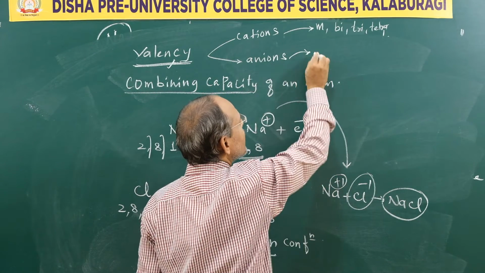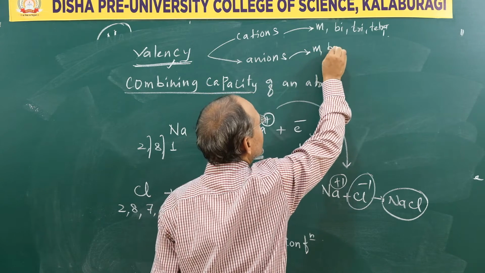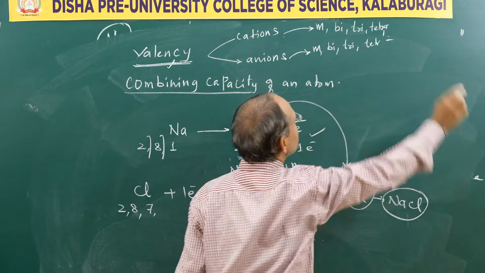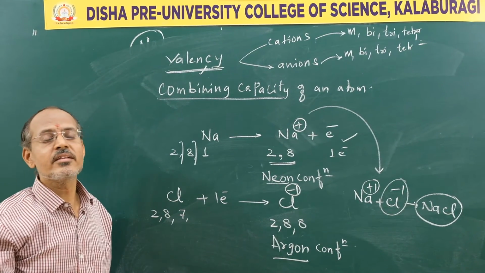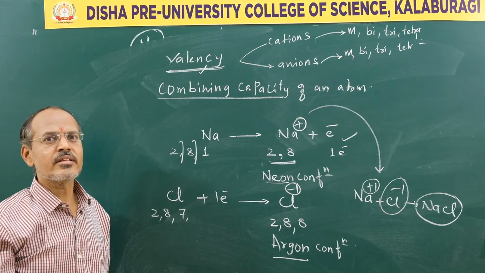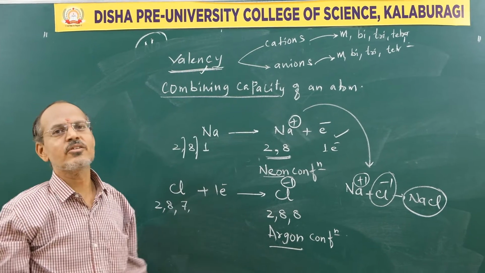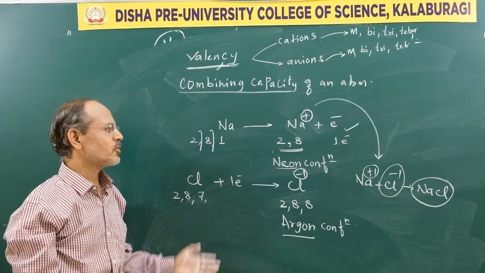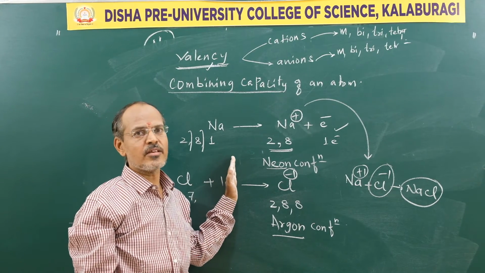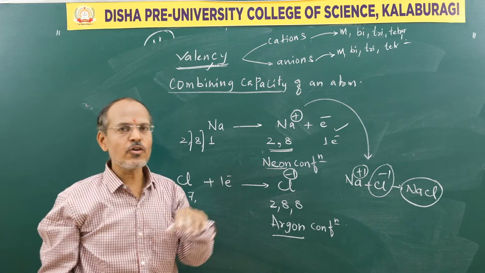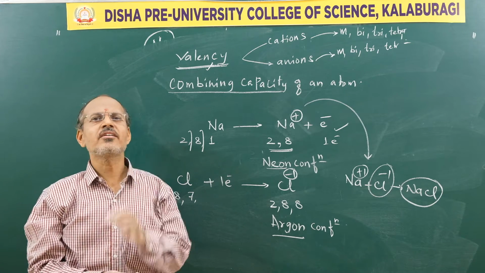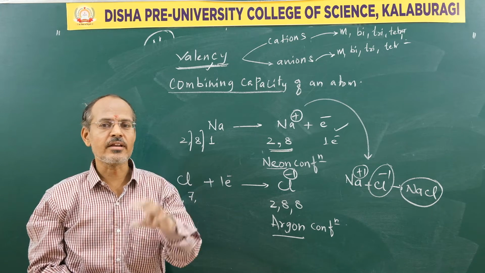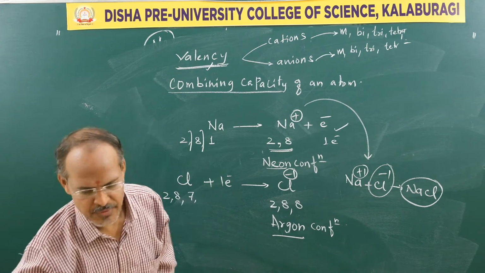Anions are also classified into monovalent, bivalent, trivalent, tetravalent, like that. Now we'll see a chart to get the picture related to this valency concept. Okay, so that is about the valency point. Now I will show you some common examples, their valency and how to write the formula as well.